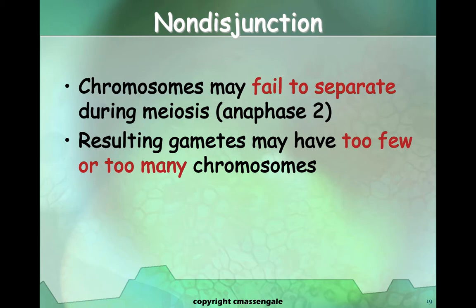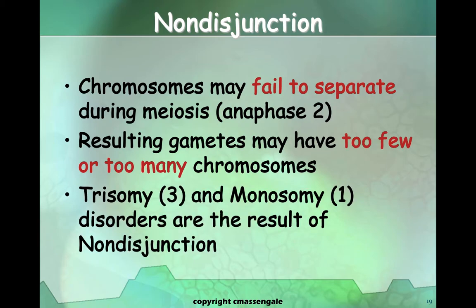All right? And whenever that happens, that means that a sex cell, and that's what it says right here by gametes, remember, that's a sex cell, will either have too many or too few chromosomes. And whenever we say that it has too many, or it has 3 chromosomes instead of just 2, we call that trisomy.